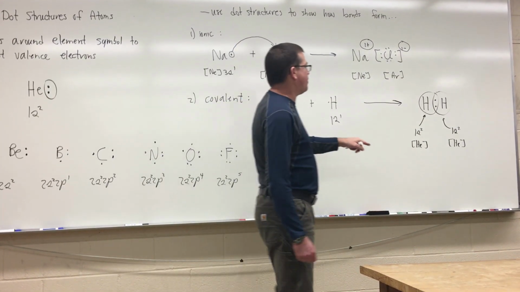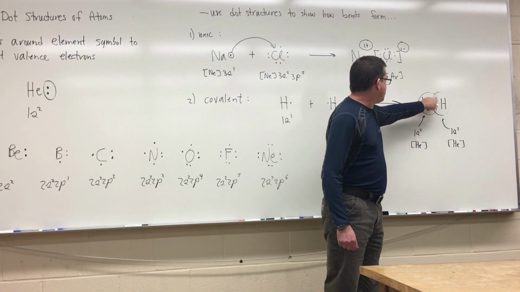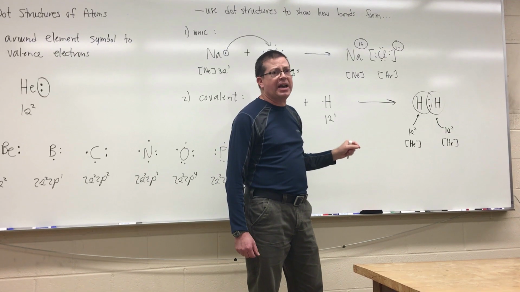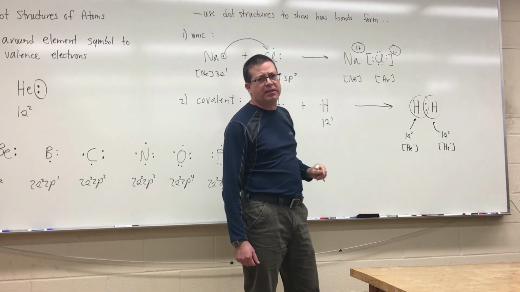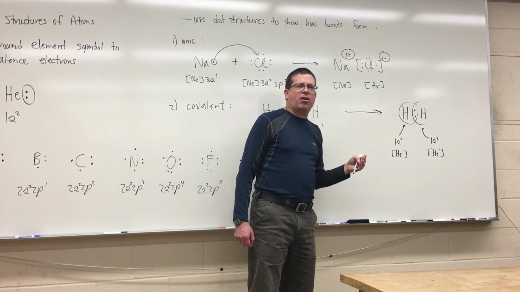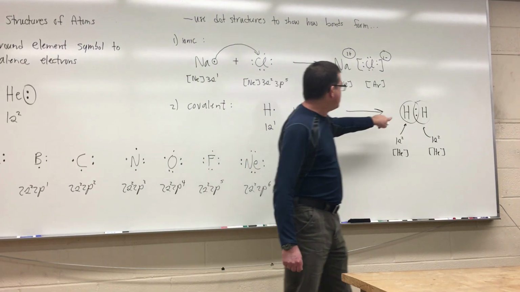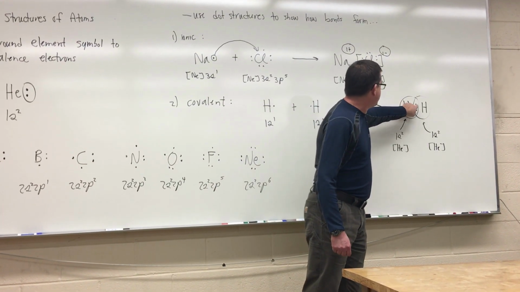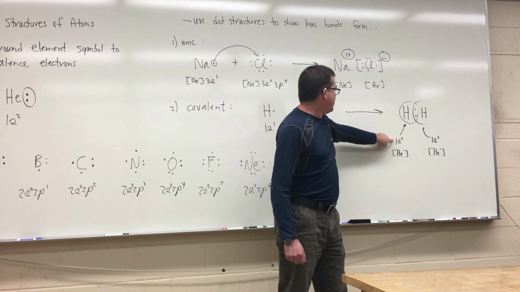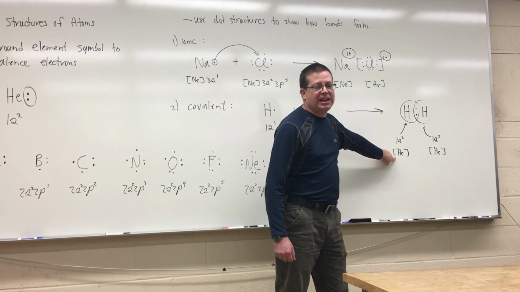Now, I can show a covalent bond this way, where I show the electron pair being shared between the two hydrogen atoms. There's no brackets there, so we're assuming that the electrons are being shared. If they're being shared, I can say that this hydrogen at any given moment can lay claim to both of them. And if we lay claim to both of them, now I get a 1s2 configuration, which looks like helium.